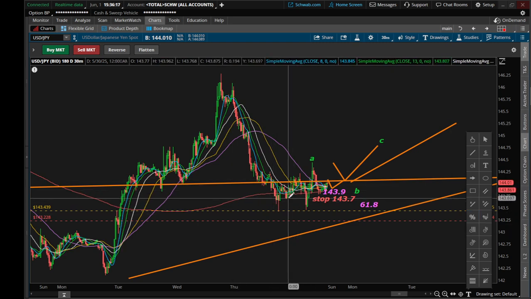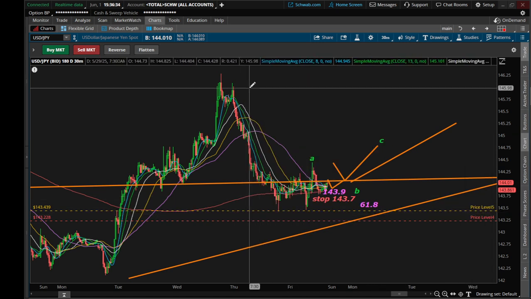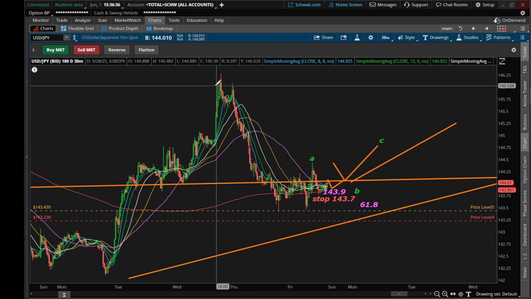So since we've had some patterns show 61.8 pullbacks, for me, don't do your own trades, but for me, I'm going to look for a long position and try to retest the 145 area zone up here.